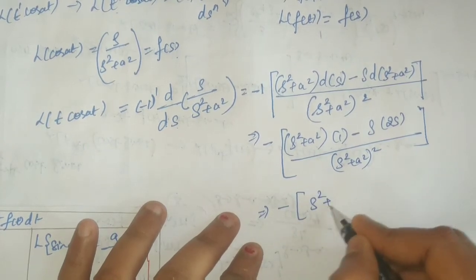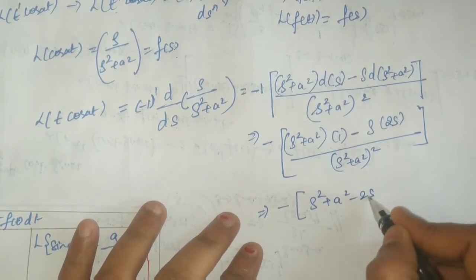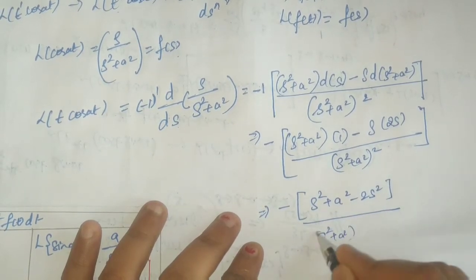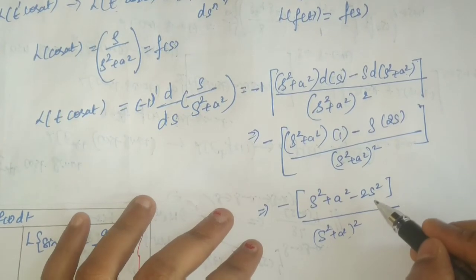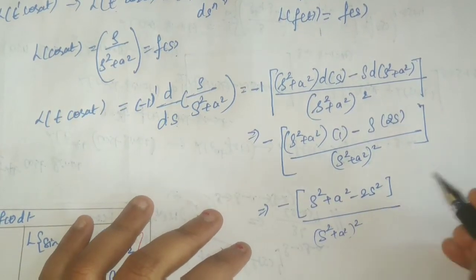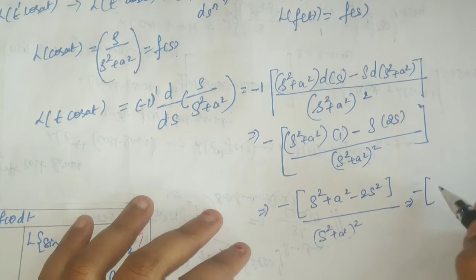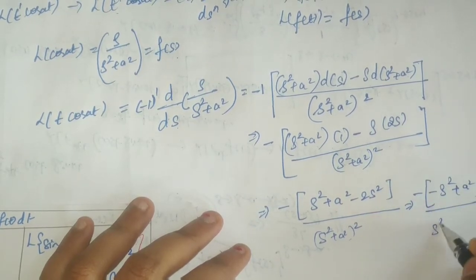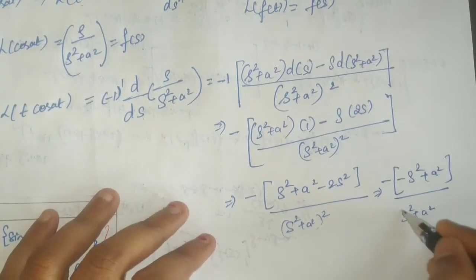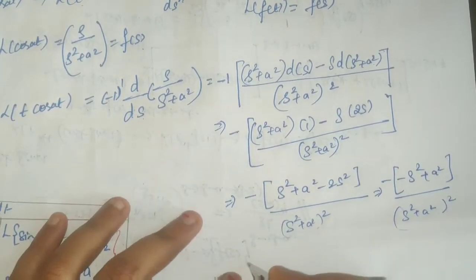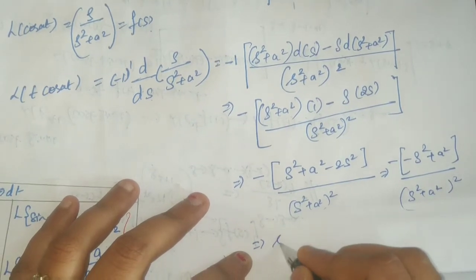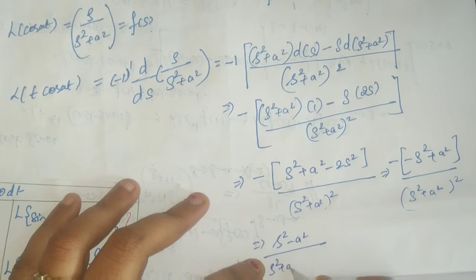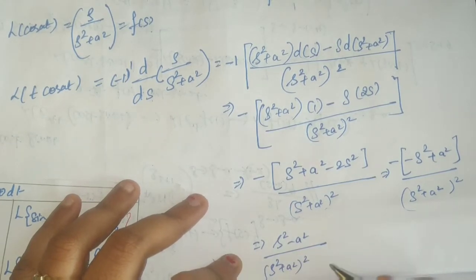Minus of s square plus a square minus 2s square by s square plus a square the whole square. Here you have positive s square, negative 2s square, so we have minus of minus s square plus a square by s square plus a square the whole square. Take the negative sign inside, so it is s square minus a square by s square plus a square the whole square.